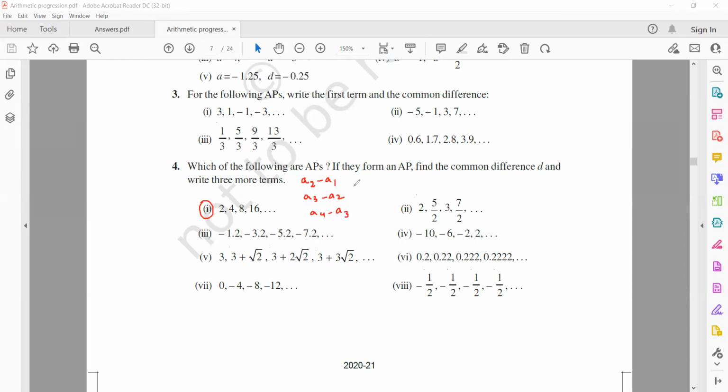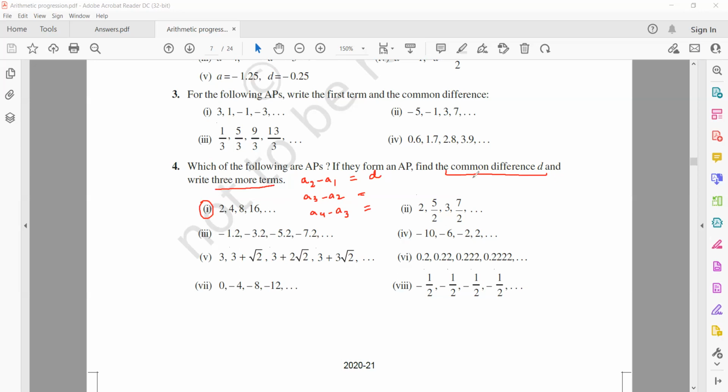Only 4 terms are given. So they should come out to be same. If they are coming out to be same, then this is an AP. And also write what is the common difference. So whatever you will get here will be your D. So you have to tell how much is your D and write 3 more terms. So how will you write 3 more terms?